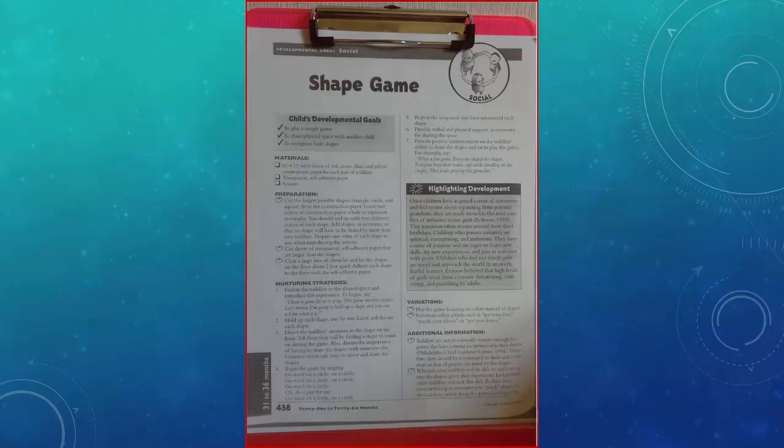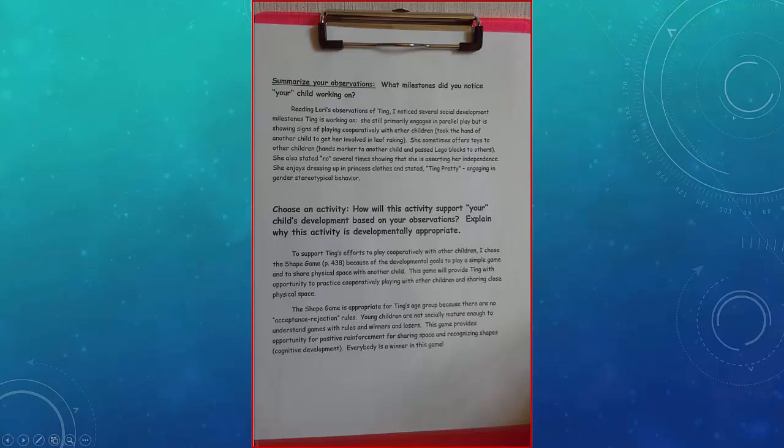So now Lori has completed 3 observations, and the next expectation is to choose a curriculum activity. This came from our text, which is Creative Resources. You can create your own activity, but the text does a really good job of sorting activities according to the different domains.